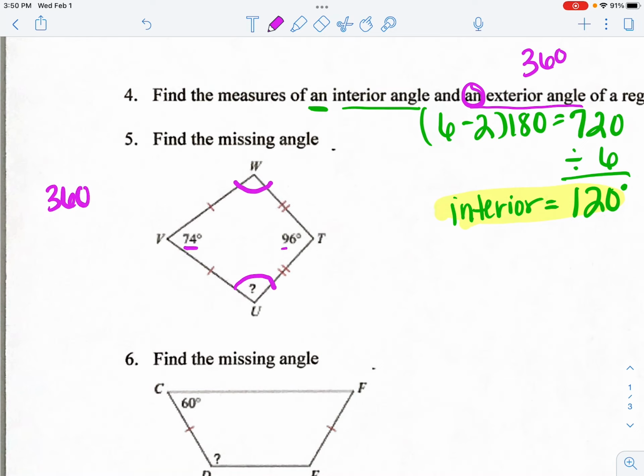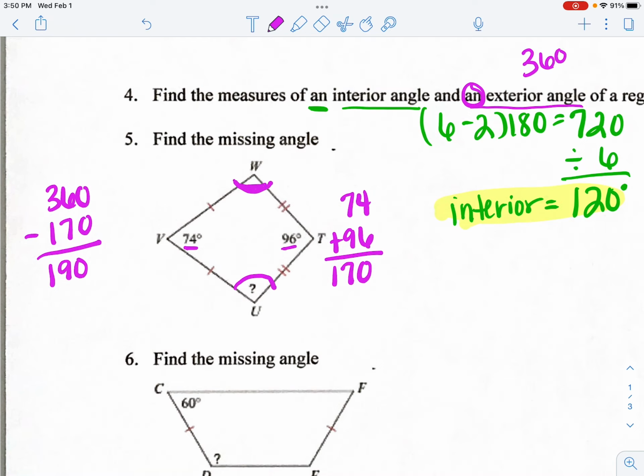So the first thing I'm going to do is add the 2 that they give me. So it's 74 plus 96. 74 plus 96 is 170. All right, that's the 2 that I have, and I'm going to subtract that from 360 again because it's a 4-sided figure and not a triangle. So that's 190.